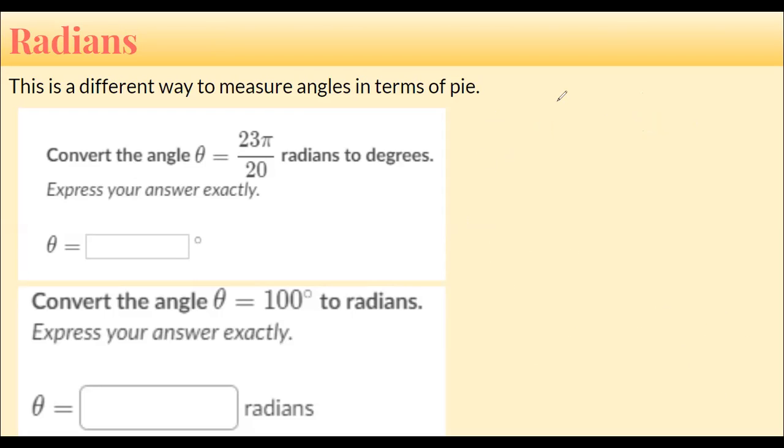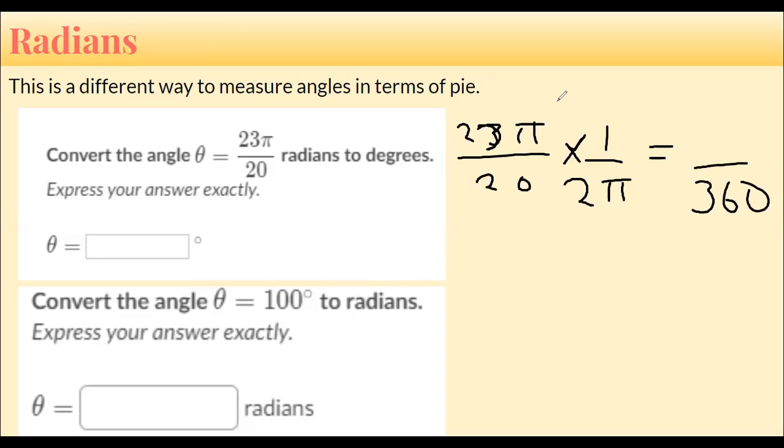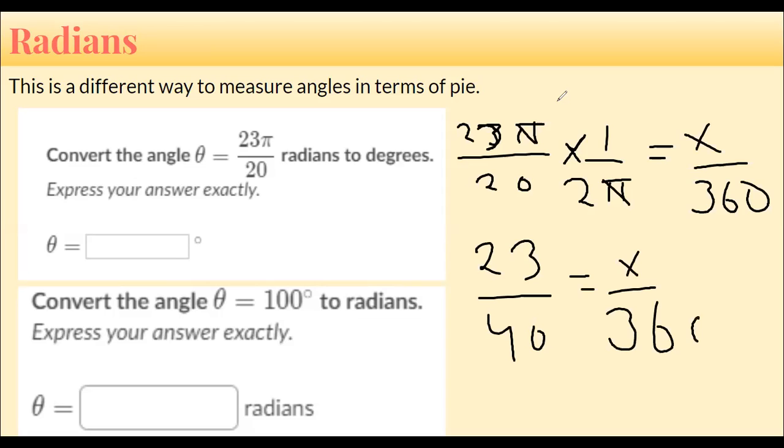So essentially you simplify it down to 23 pi over 20 times 1 over 2 pi is equal to 360 over x. Okay, so you could cancel out pi and pi, and that gives you 23 over 40 is equal to x over 360, right? From here, it gets really simple, okay?